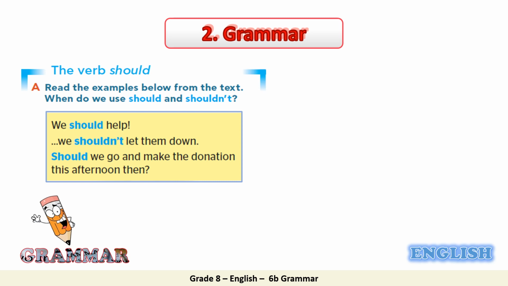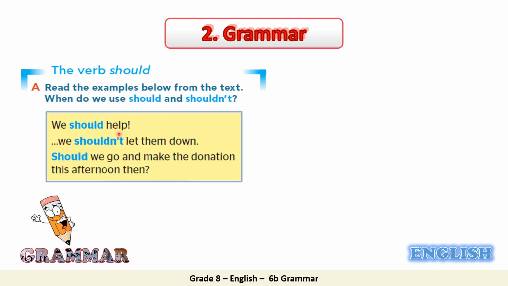For example, I can't say we should and stop. I have to continue. I have to say we should help, for example, or we should study, or we should sleep early, and so on. So you can't use it by itself. You have to say something after it.